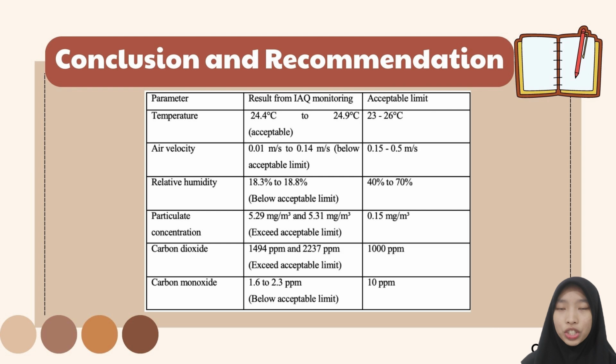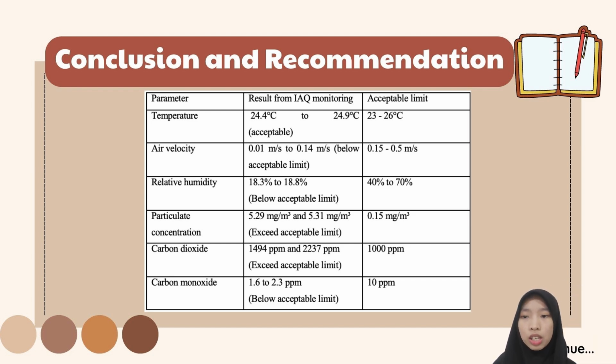So in conclusion, after this IAQ monitoring, we got the result from 6 parameters which can determine the comfortability and air quality in the computer room. So the first one is the temperature, which is within the range of 24.4 degrees Celsius to 24.9 degrees Celsius.